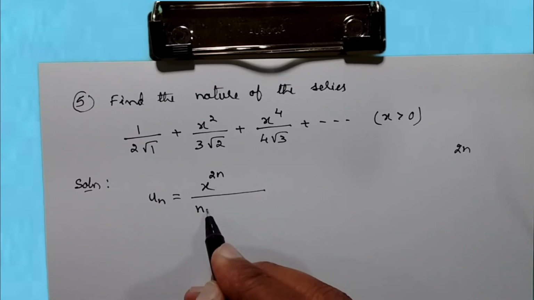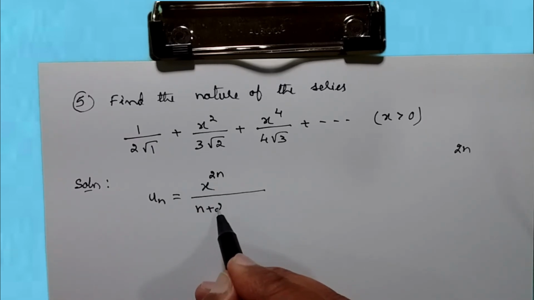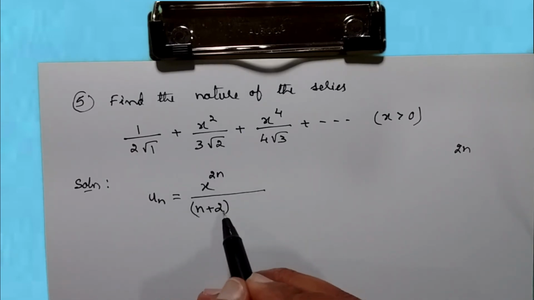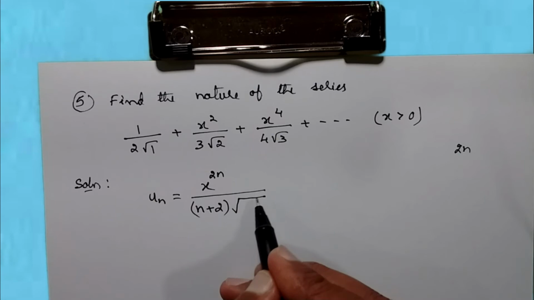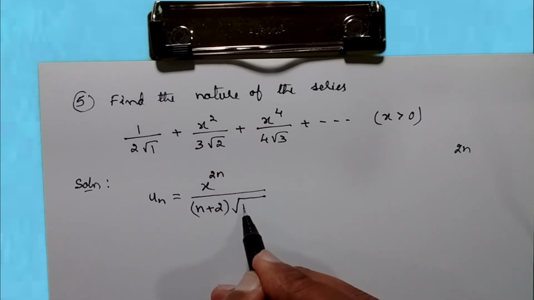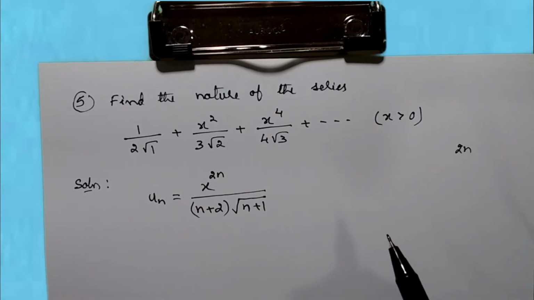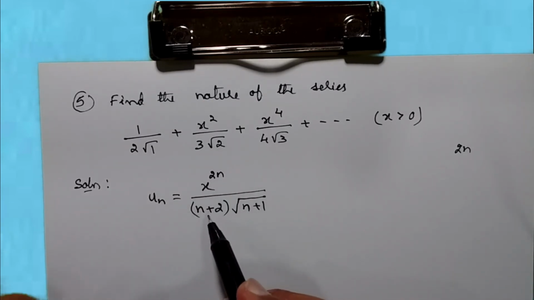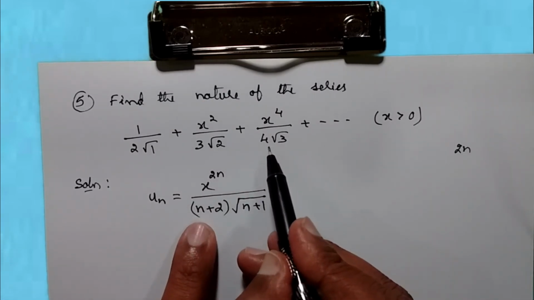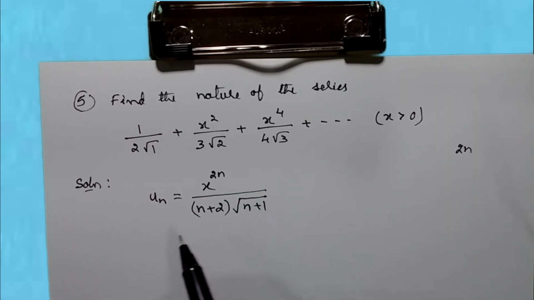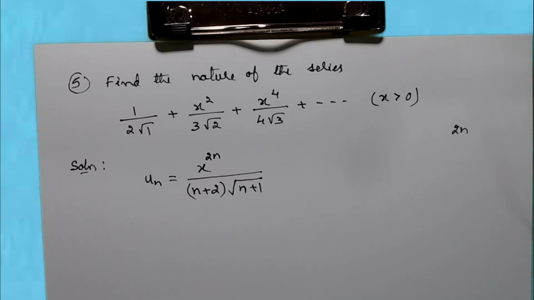So 1 plus, to get 3, what has to be added? 2. So n plus 2 will become 3 into root of, here it should be n, so n is 1, but you have to get 2, so n plus 1. We'll get 3 root 2. So for the next value, if you take n as 2, 2 plus 2 will be 4, then 2 plus 1 will become 3. So in that way the series will continue. So this is your un value.